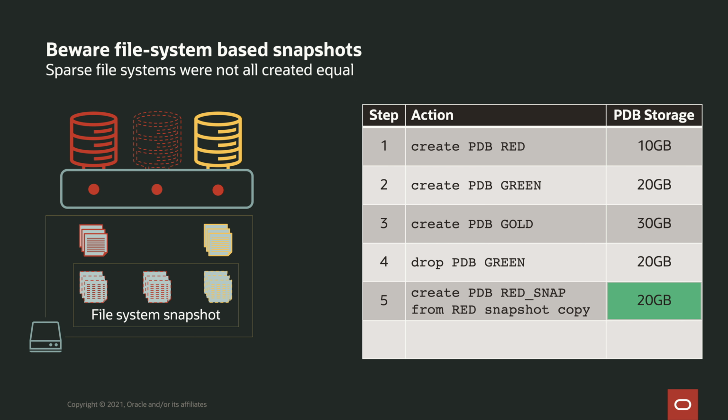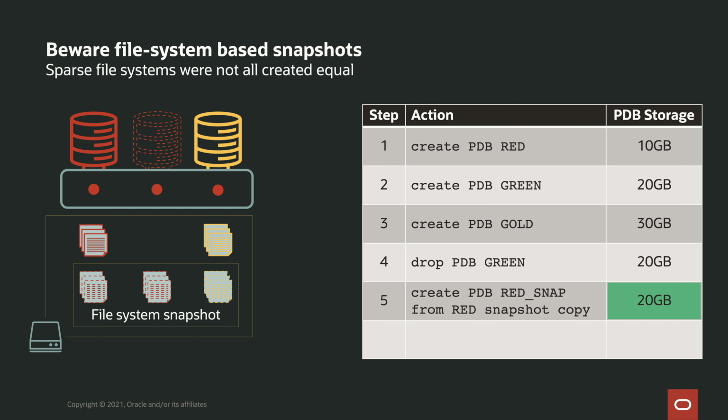This is outstanding. What appears to be a full dataset copy consumes negligible incremental storage. Therefore, very little I/O is required, and the operation completes very quickly, even for a substantial PDB. At the bottom on the left, we can see the file system level snapshot that supports this clone.